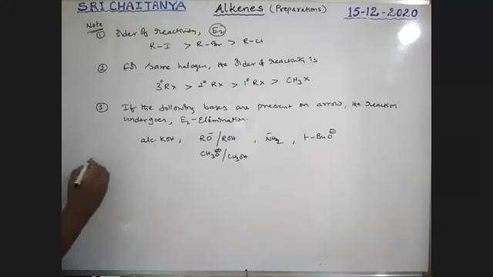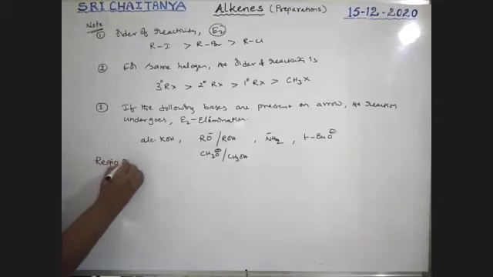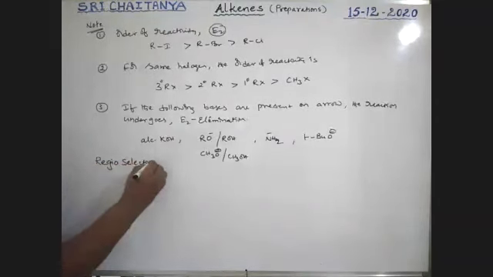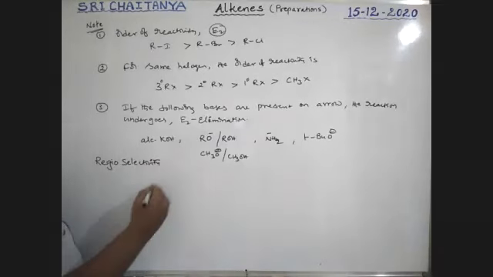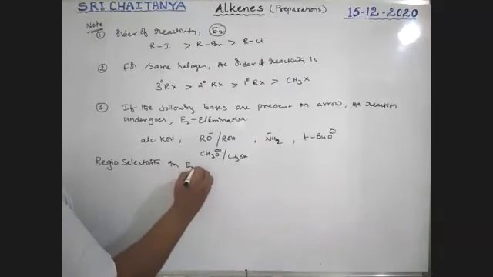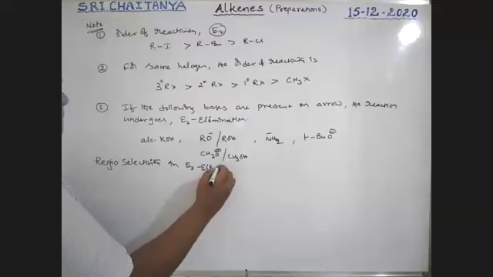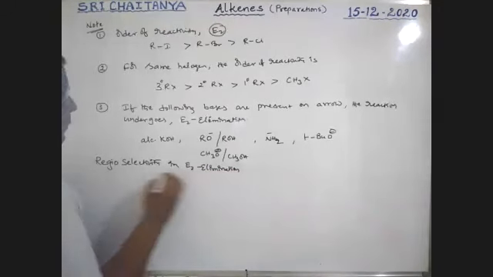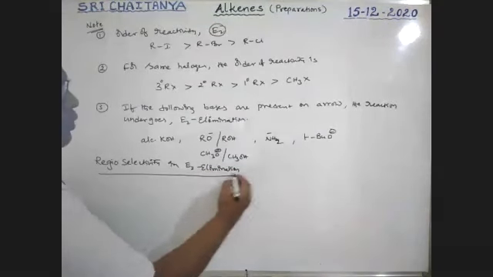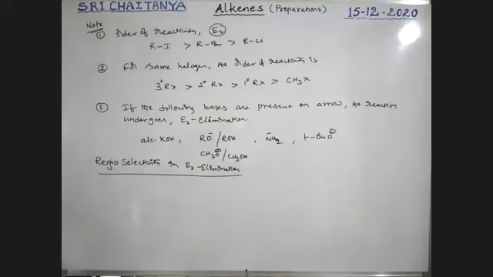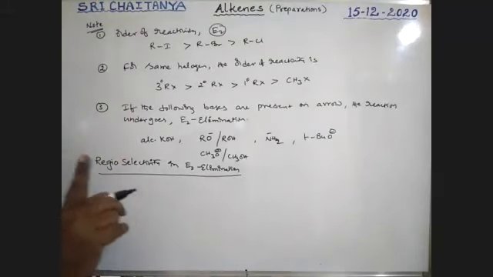Next is regioselectivity in E2 elimination, which is also very important. Regioselectivity means: what type of alkene is the final product? Listen carefully.